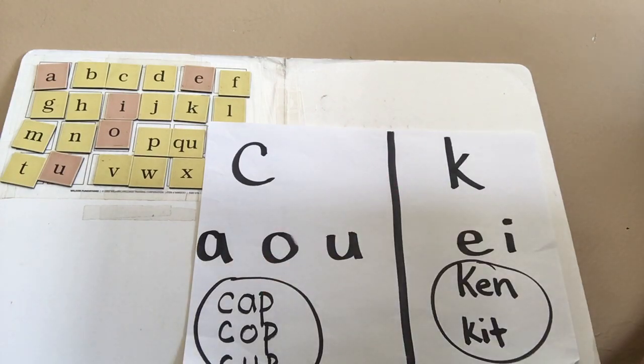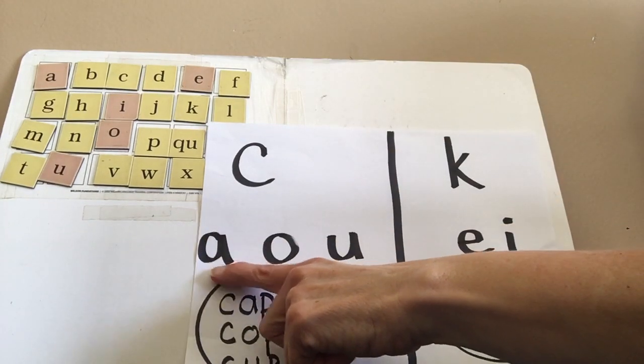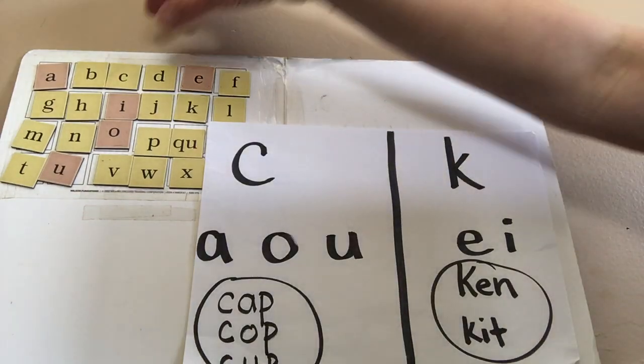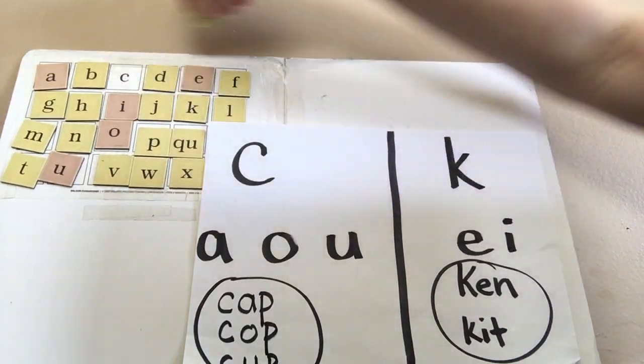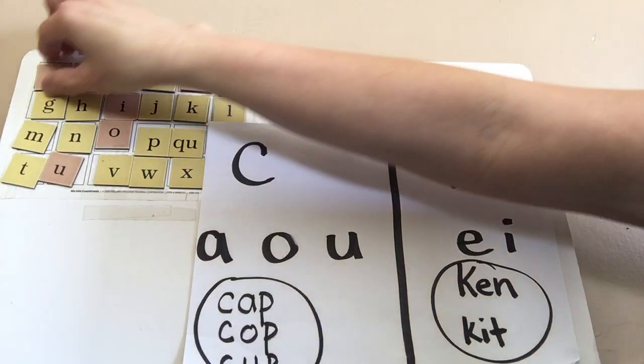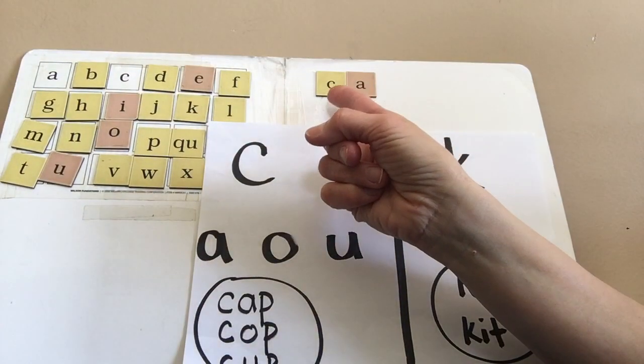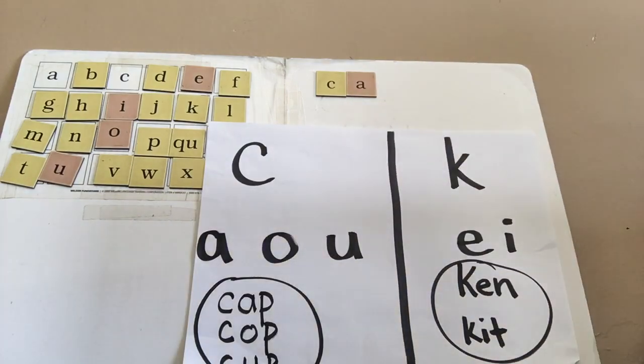K-ah. What letter says ah? Very good, boys and girls. Short A says ah. So that means cat begins with the letter, that's right, cat begins with the letter C. So we already said C-A, and we'll listen to the ending sound. K-at.